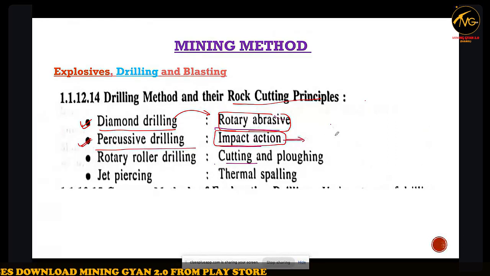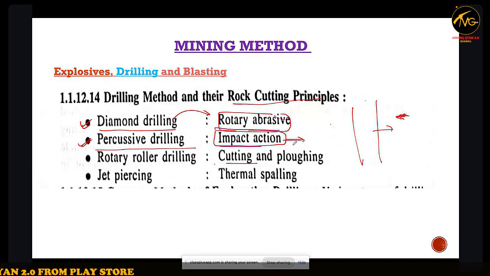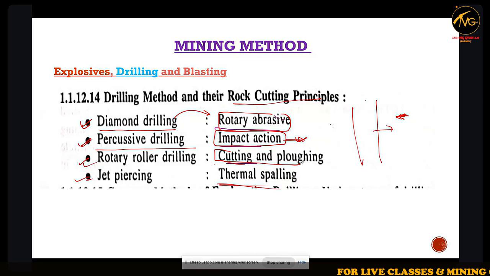I think you have seen the road breaker, which uses impact, tuck tuck tuck tuck. Rotary roller drilling works on the cutting and plowing principle. Then jet piercing is thermal spalling. So these are the four types of drilling method, and these are the rock cutting principles.